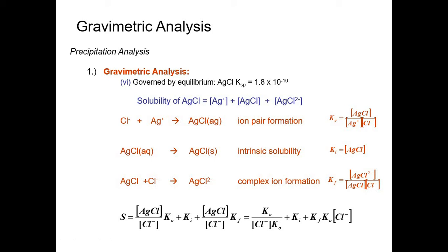You don't really need to do that, but in this case we're showing you the mass balance equation. So that's Ag+ plus AgCl plus AgCl2-. That's the solubility of AgCl, right?